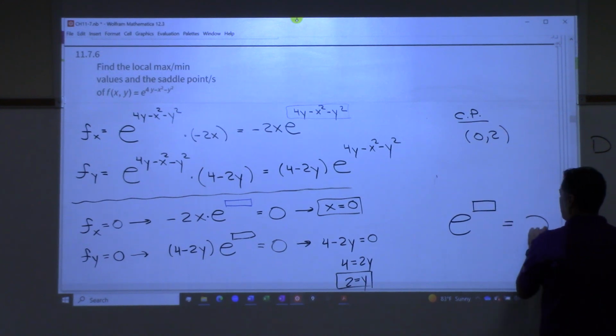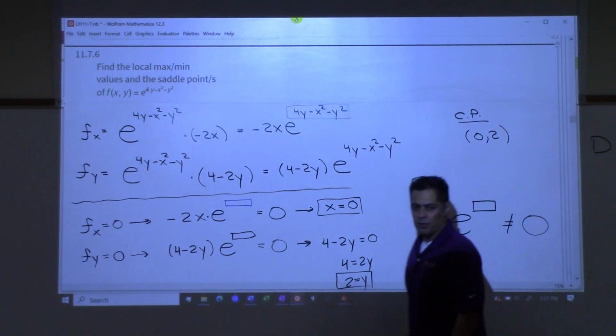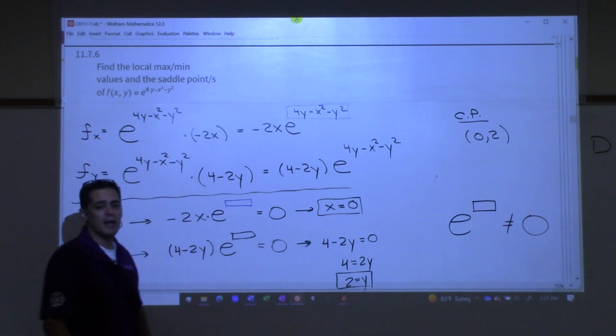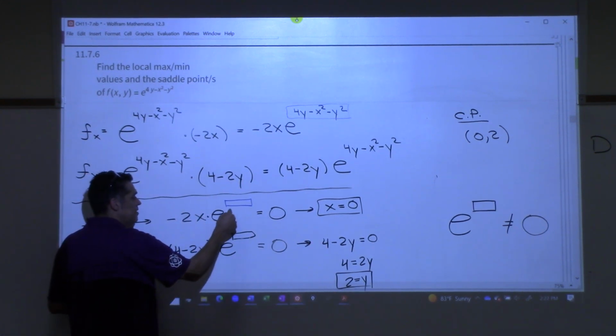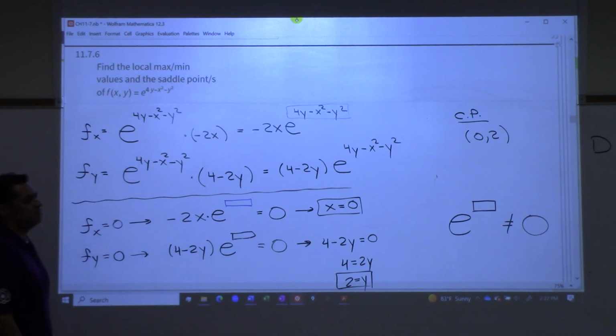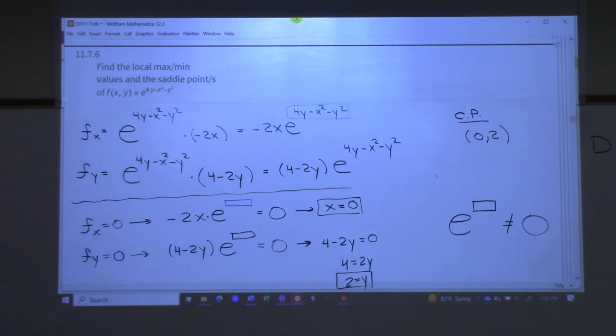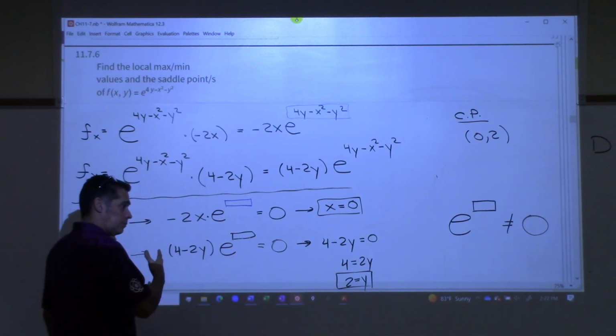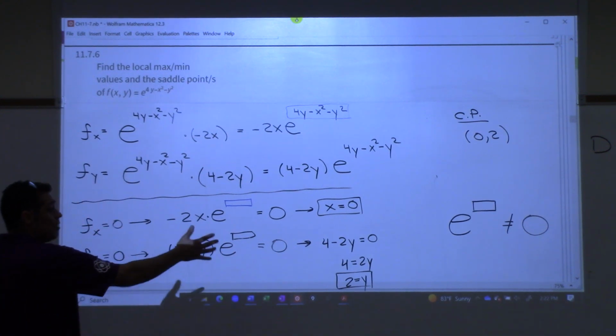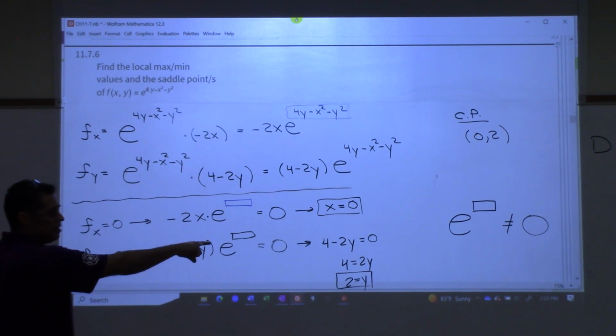All I'm saying is that this is never true. We have to all agree on that, or else what I did isn't right. You have to agree that E raised to anything is never 0. Yes, I do. You agree with that? Okay, so then what's your question? So when you have a shift, when E shifts to the left or to the right, that doesn't change.